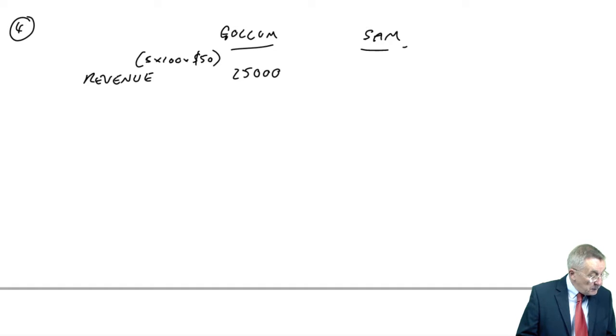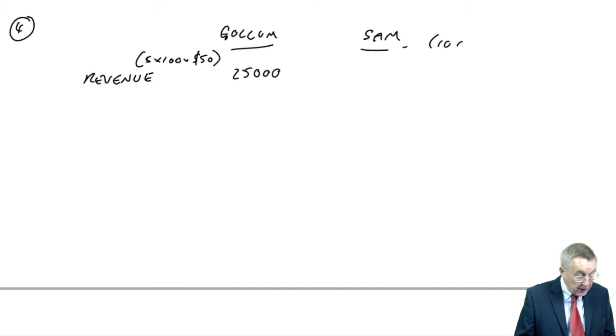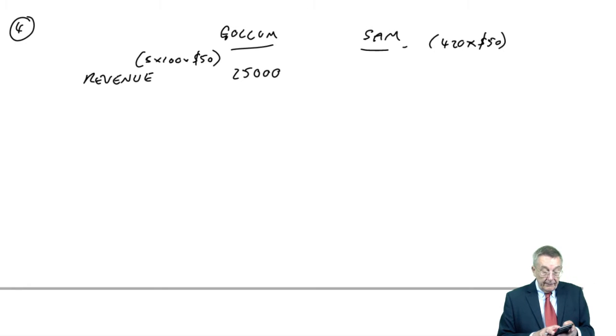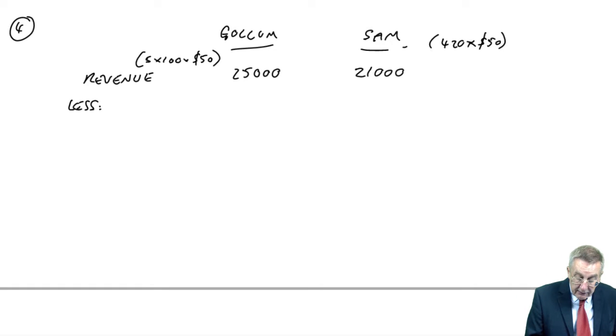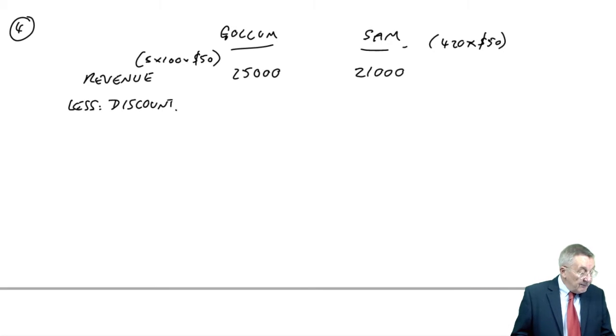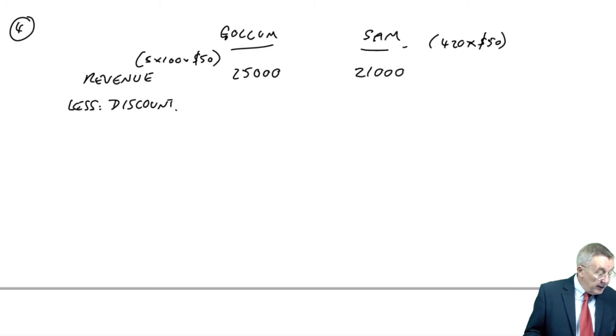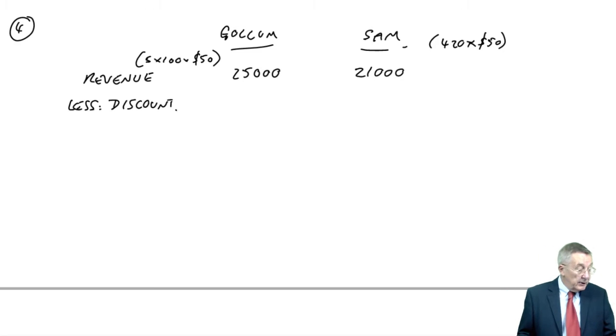Whereas Sam places 10 orders. In total is 420 shoes. And so again at 50, before any discount, the revenue is 21,000. Now we need to bring in any discounts to get the net revenue. Gollum gets a 10% discount for every order of 100 or more, and they are ordering 100 each time.